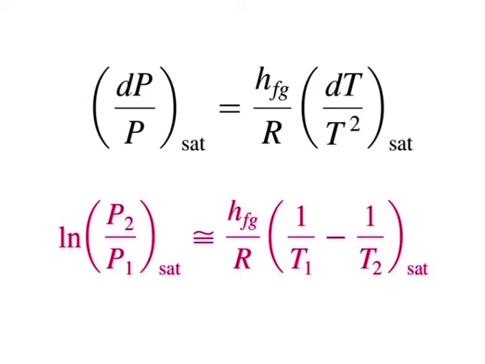This equation is called the Clapeyron-Clausius equation, and it can be used to determine the variation of saturation pressure with temperature. It can also be used in the solid vapor region by replacing Hfg by His, that is the enthalpy of sublimation of the substance.